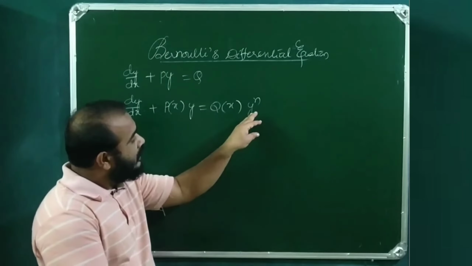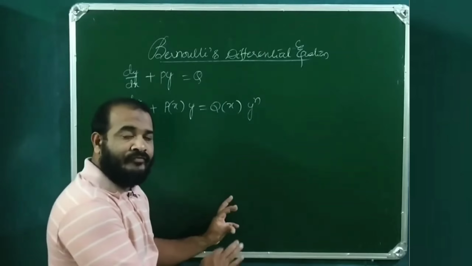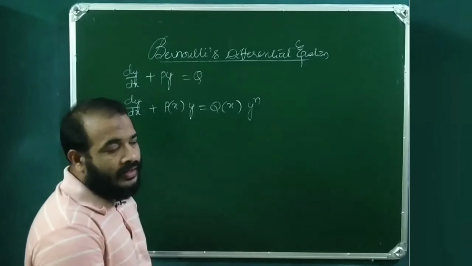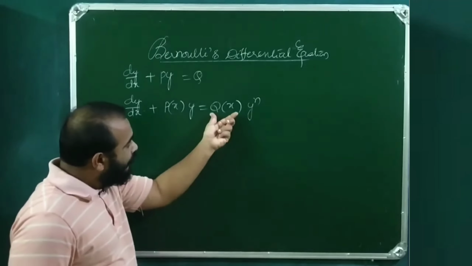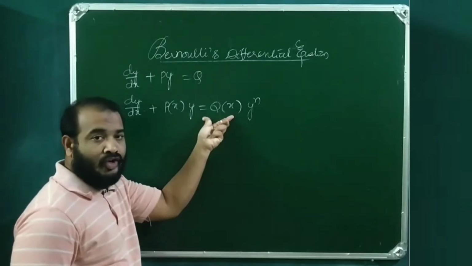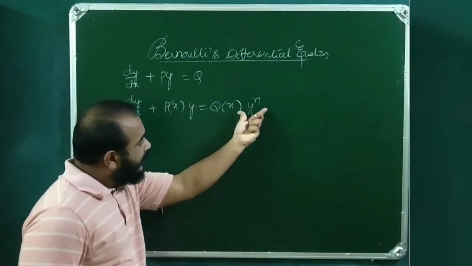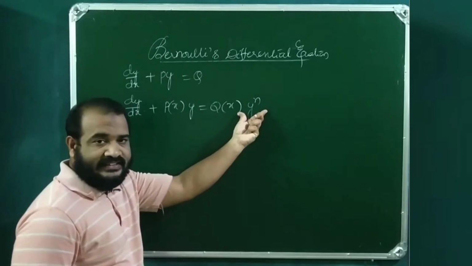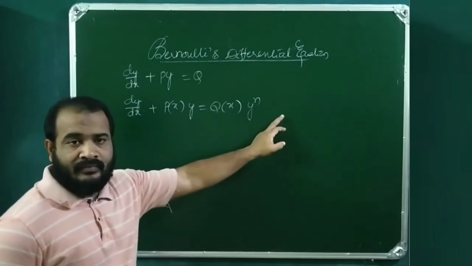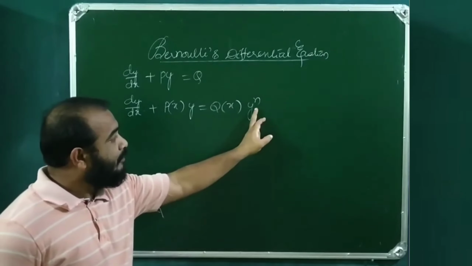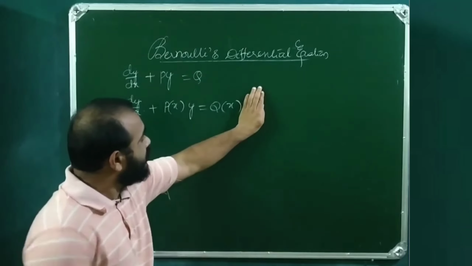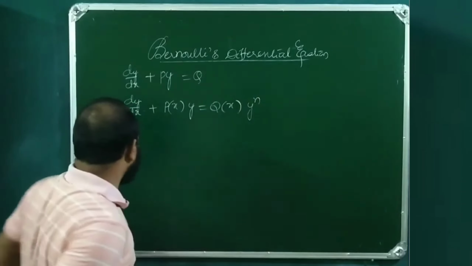So this kind of a differential equation is said to be a Bernoulli's differential equation. First of all, we have to convert this Bernoulli's differential equation into a linear differential equation. How? We want only the function of x, but here a function of y also exists, for which let us divide this equation by y power n, so that y power n and y power n get cancelled.